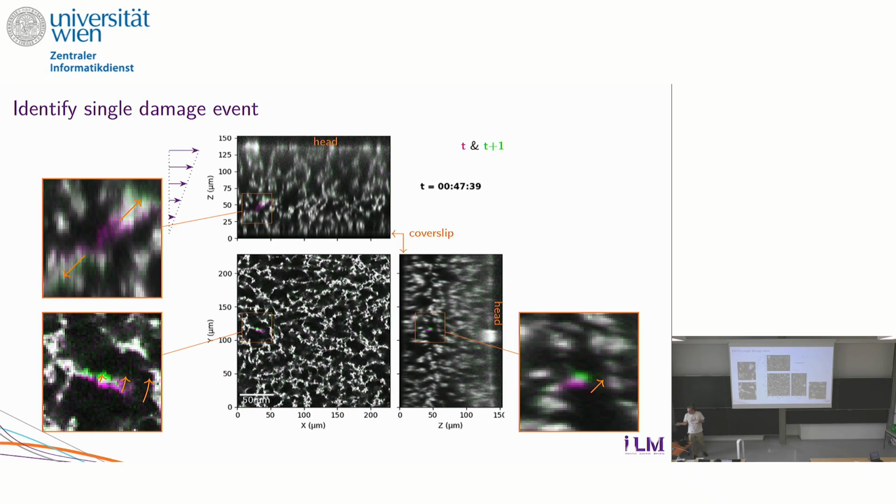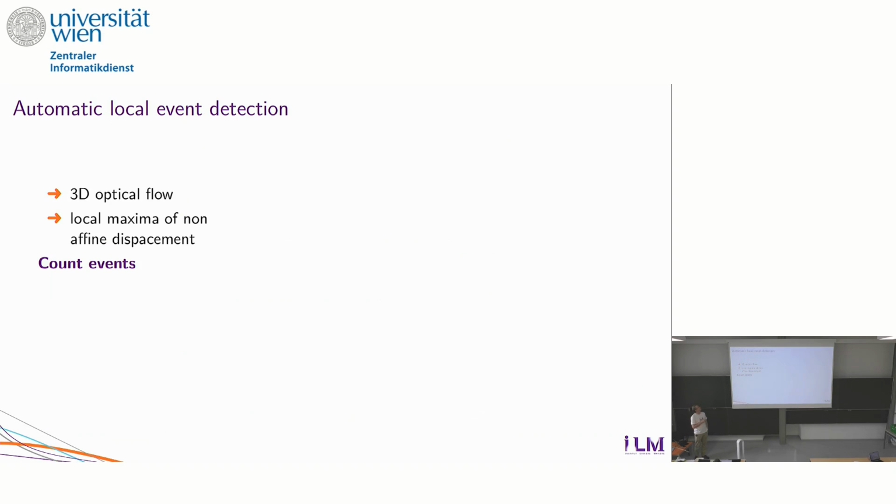But once you've got one of those, and Akash found it by hand, by the way, now that you know what that would look like, you can do something more automatic. We use 3D optical flow in order to get the local maxima of non-affine displacement, which is very much like what was done in Montpellier with the light scattering.